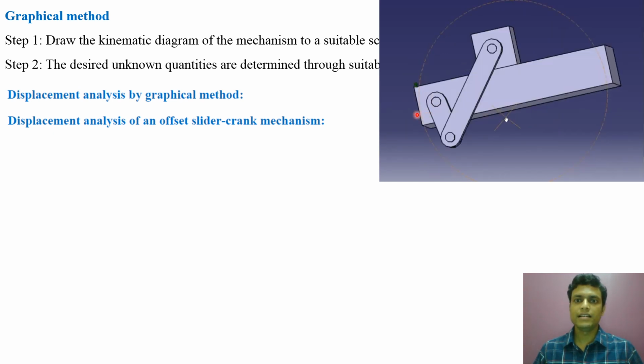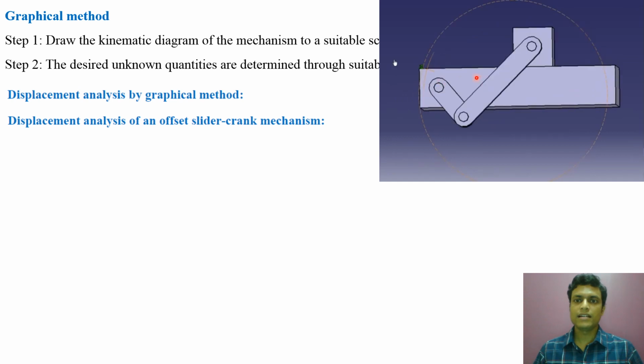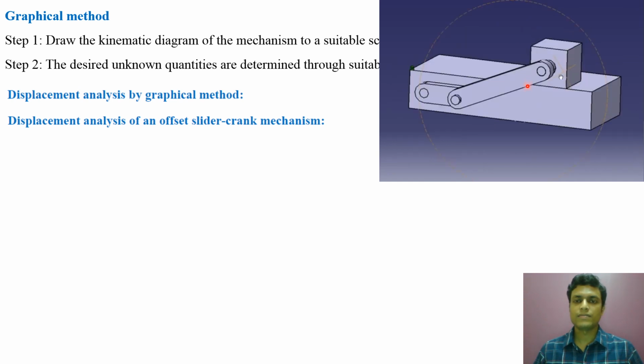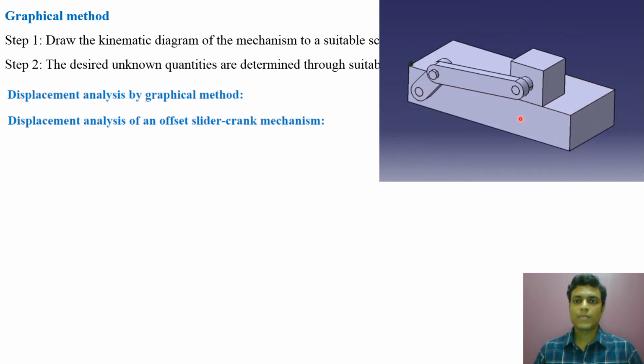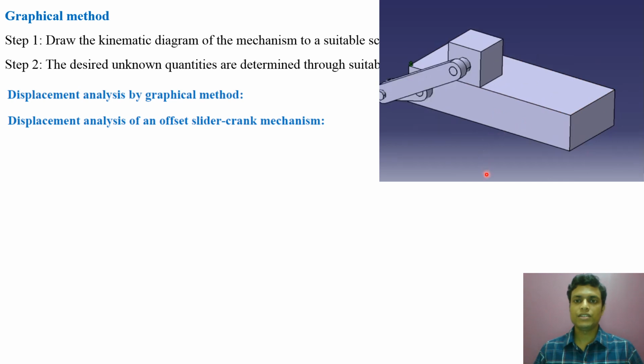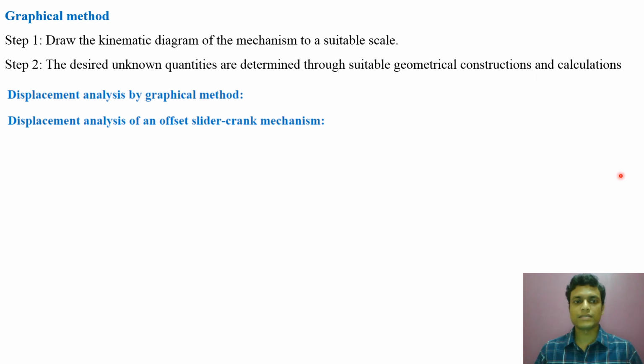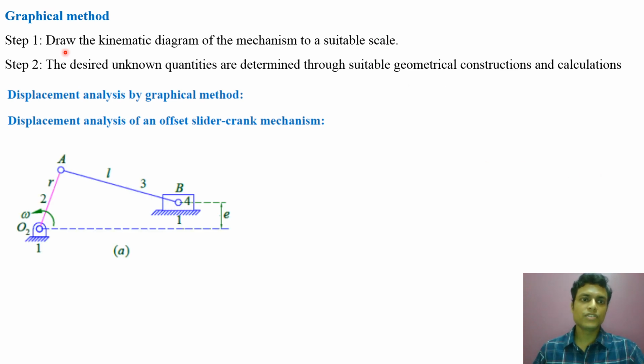The smaller one is the crank and this is the connecting rod. So first step is to draw the kinematic diagram of the mechanism to a suitable scale.